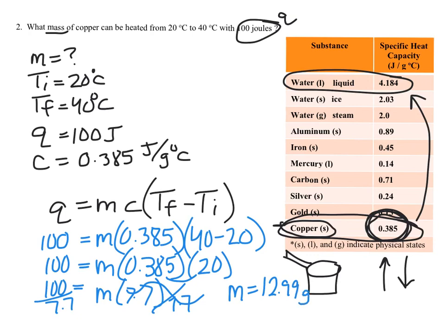All right, so that means 12.99 grams of copper would be heated to go from 20 to 40 degrees Celsius if only using 100 joules of energy. All right, you would have about 13 grams of copper. All right, think about that in pennies. Copper is the coating on a penny. So 13 grams of that stuff, only 100 joules of energy would raise it 20 degrees Celsius.